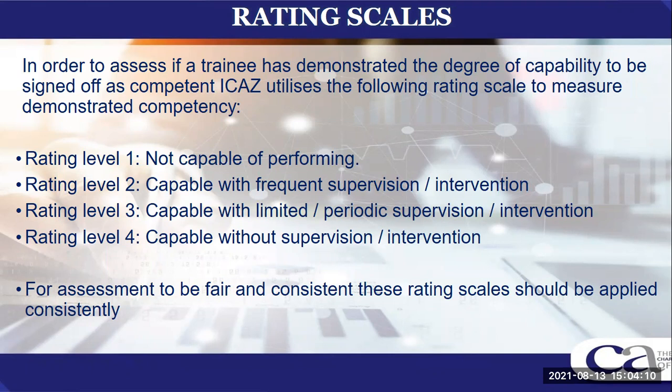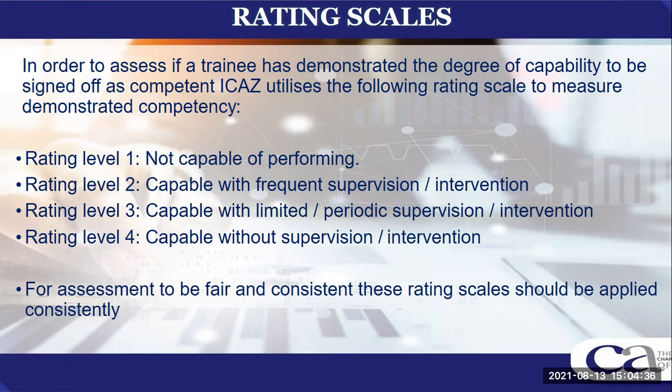Rating level 1 means that one is not capable of performing, right? So if you achieve a level 1, no matter how much input or assistance you get from your supervisor, you are simply unable to perform a certain task. And then comes rating level 2.